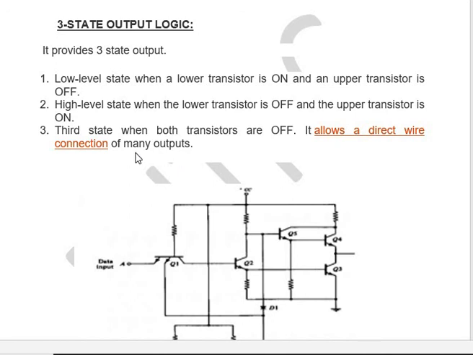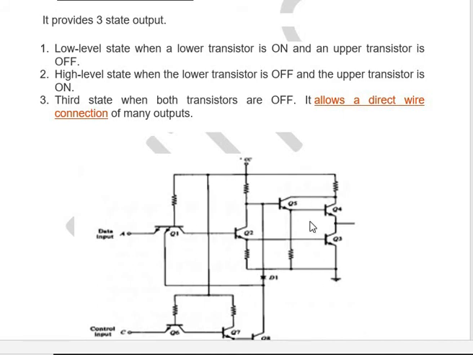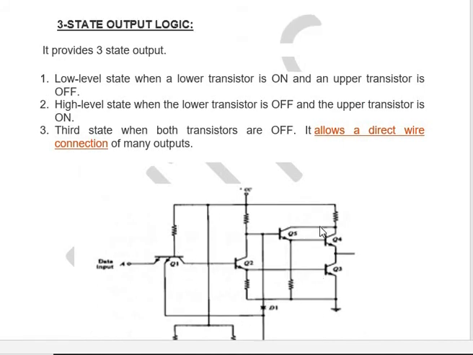Now what do you mean by high impedance state, as you can see in the diagram, देखो इसमें nothing extra is happening. It is similar to the totem pole arrangement, but इसमें एक चीज क्या, output is also drawn from here in between Q3 and Q4. But the only difference is that we have a special connection in between.